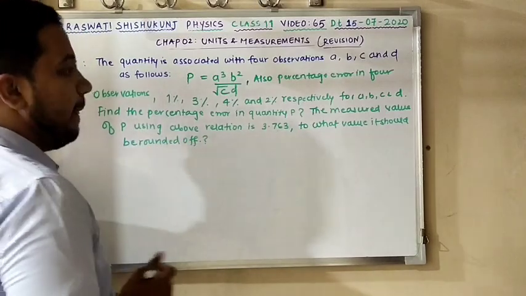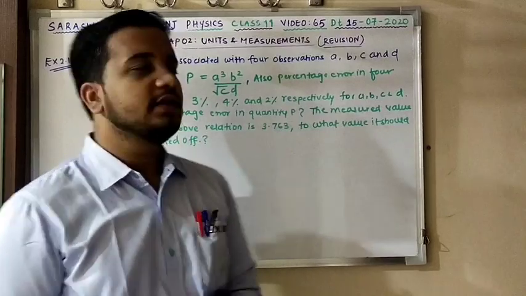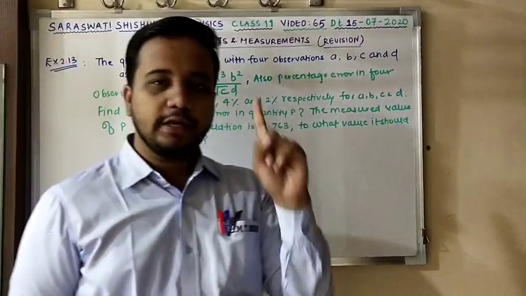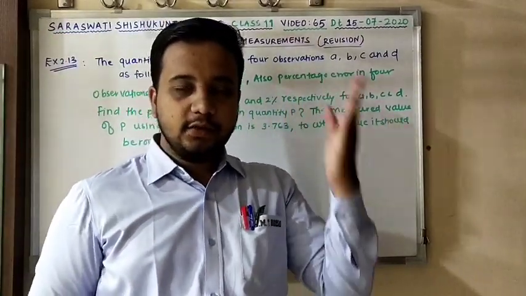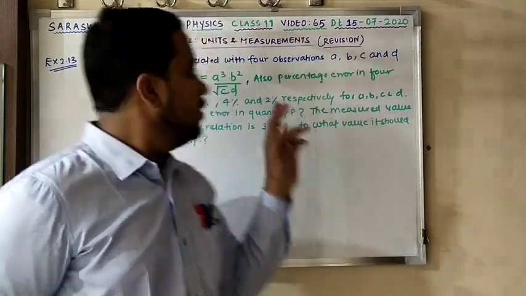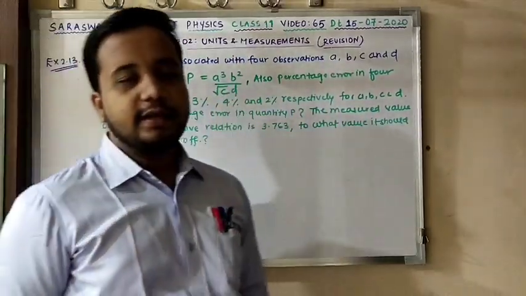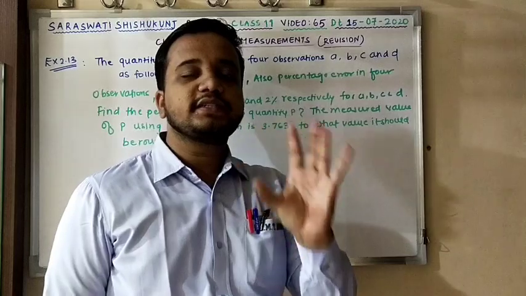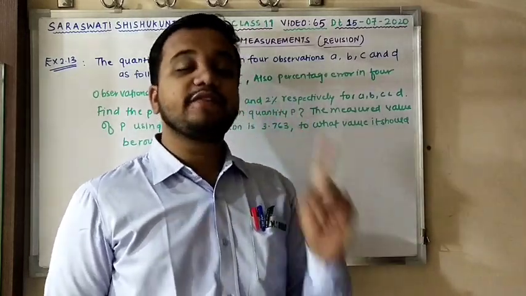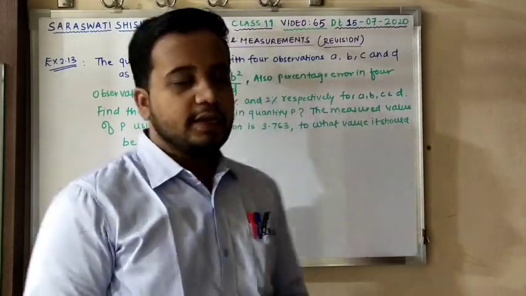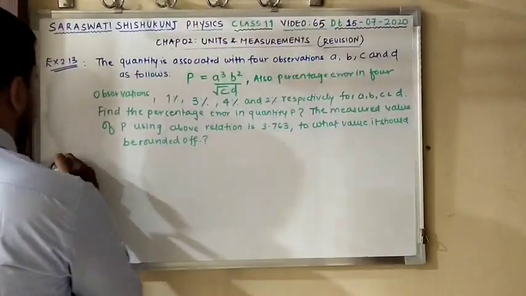Hope till this is clear. The question is perfectly clear. There is a quantity P associated with 4 observations A, B, C, D, where it is A cube B square upon root C into D. This is the relation for P. They have given the percentage error in the 4 observations. They are asking to find the percentage error in P. Now see, the solution for this is very simple.